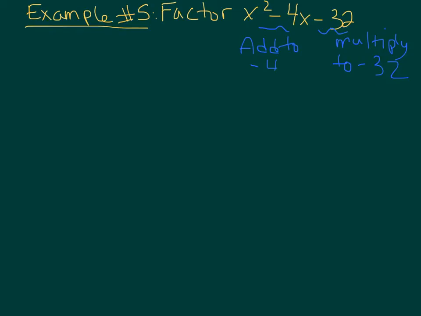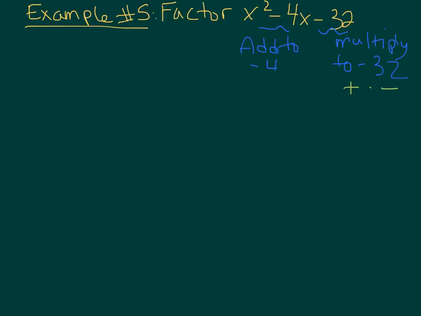So now, if you remember your rules of adding, subtracting, multiplying, and dividing negatives, the way that you would get a negative when you're multiplying is by doing a positive times a negative. So you're going to have one number that's positive and one number that's negative.